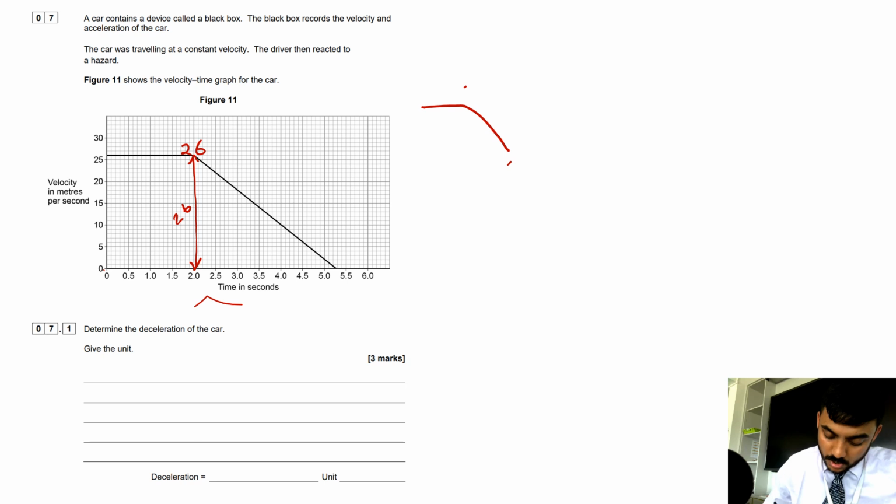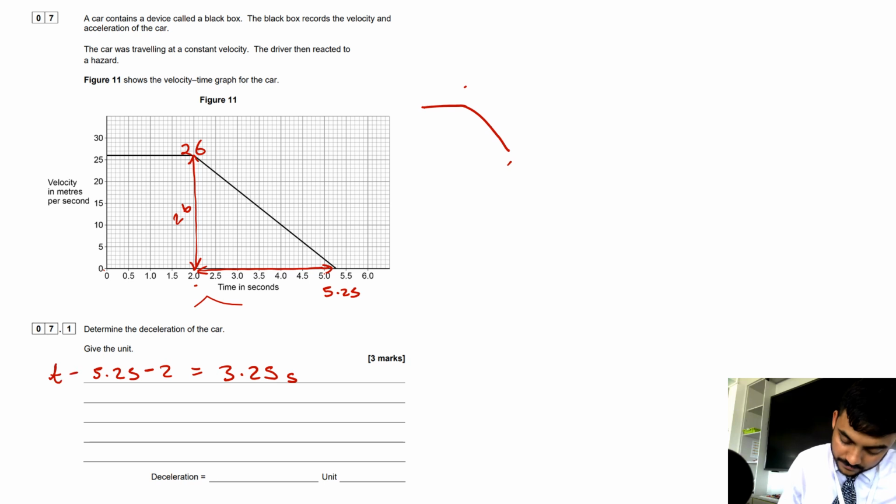Time, it goes from 2 seconds to 5. Well, it's in between 5 and 5.5, so it'd be 5.25. So the change in time, of course, is 5.25 minus 2 seconds, which is 3.25 seconds. That's my time.